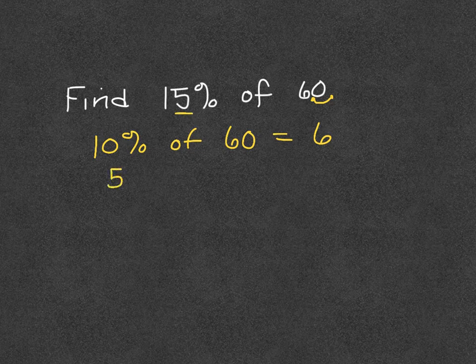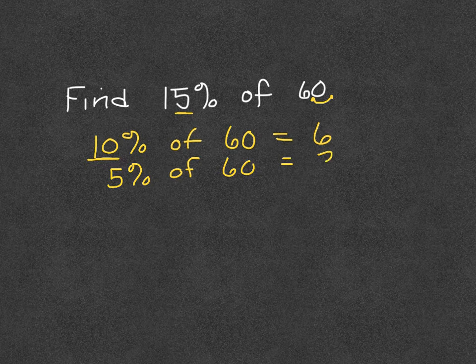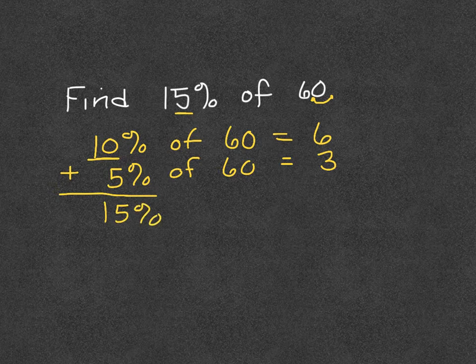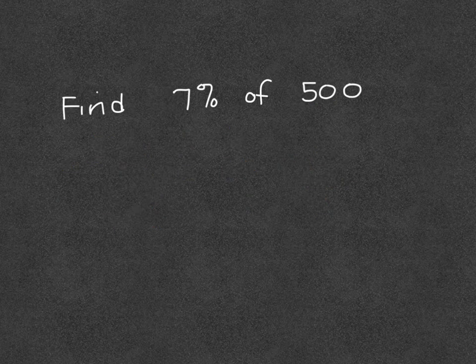Well, 5% of 60 would be half of 10% of 60. So 5% of 60 would be 3. Now to find 15%, that's 10% plus 5% is 15%. The 10% was 6, the 5% was 3. If I add those up, I get 9. 15% of 60 is 9. Base it off of simple things to find, and you can find any percent.